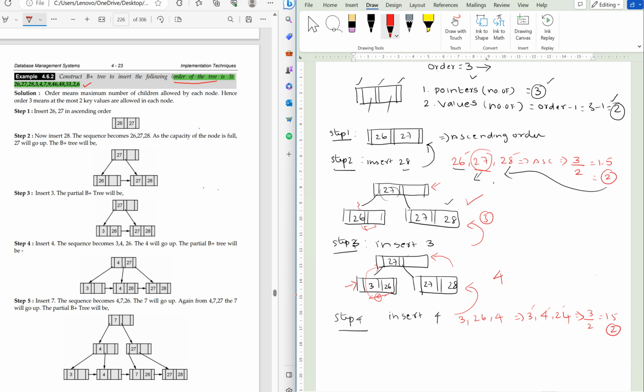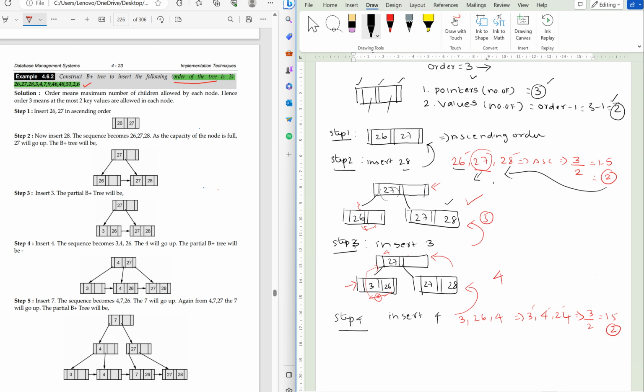If it goes upper, then 27 is already there, and we need to compare those two values, and the smaller value will occupy the first position, and the higher value will move to the next position. So again we have to reorder the values that are below the root node. What actually happens is, we try to insert 4 but cannot, so we take it to the higher level.